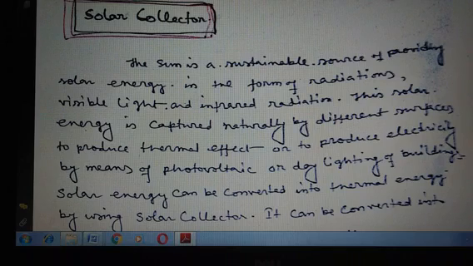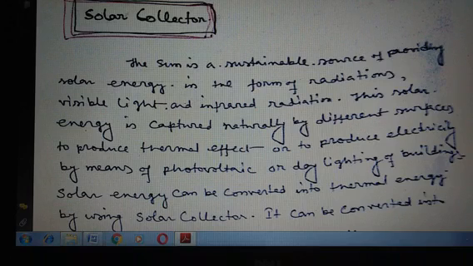The sun is the sustainable source of solar energy in the form of radiation, visible light and infrared radiation. This solar energy is captured naturally by different surfaces to provide the thermal effect or produce electricity by means of photovoltaics or daylighting of buildings.